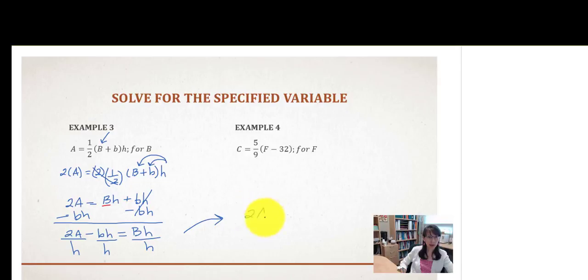So the 2a divided by h will remain. Next we have subtraction. Notice how h appears in both the numerator and denominator, so that actually reduces, and we're only subtracting lowercase b.